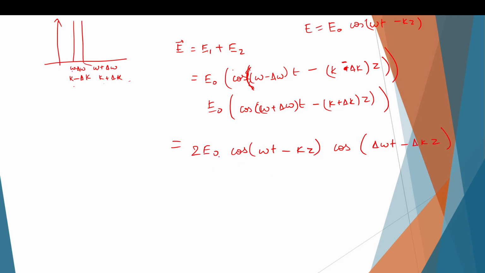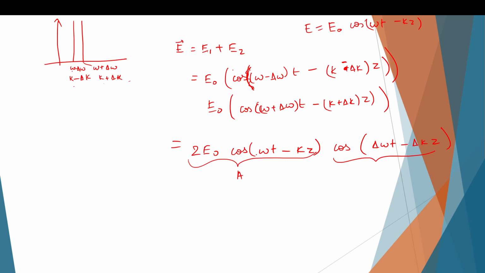So if you see now, for a fixed phase point, you can think of this as some amplitude that is varying as a wave with this component.